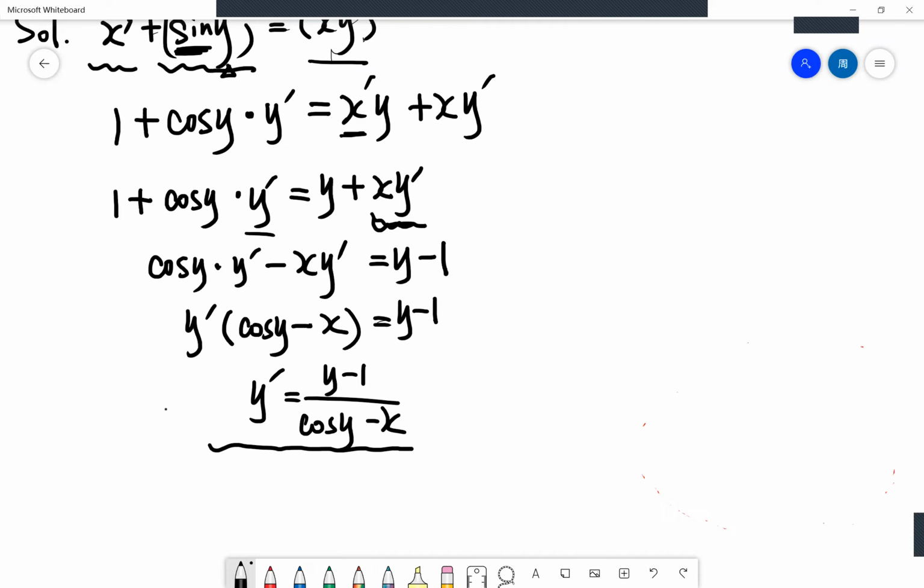Just here, don't forget y prime, and here don't forget y prime, right? Also, you can write dy by dx here, if you are more familiar with the dy by dx type. So any questions? Or can you understand a little bit more?